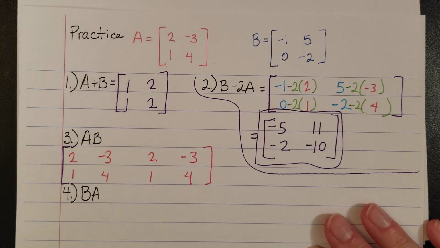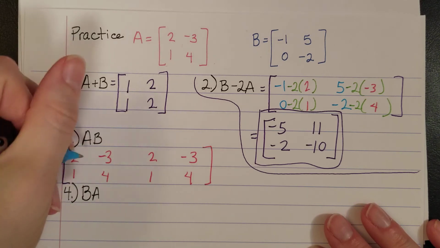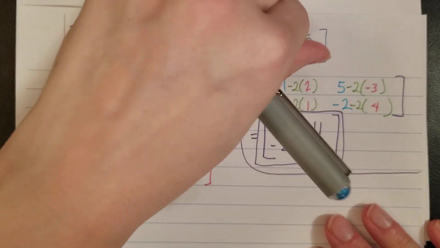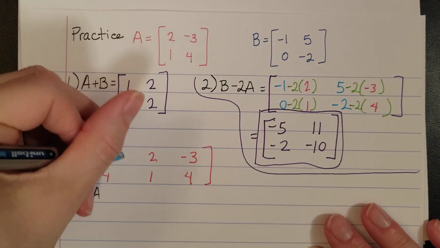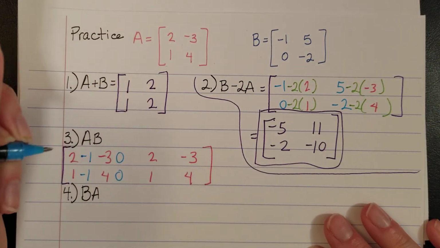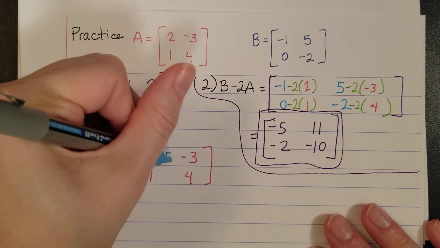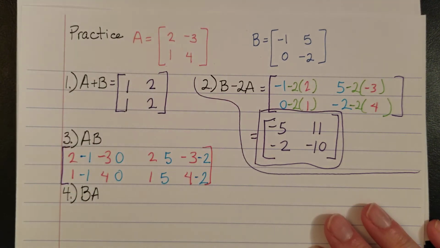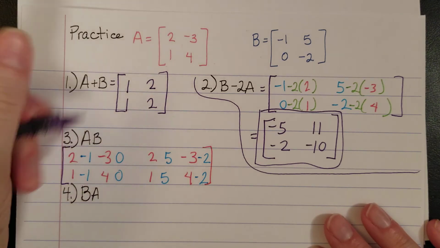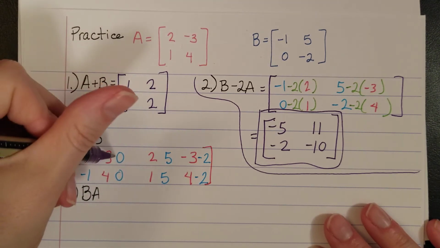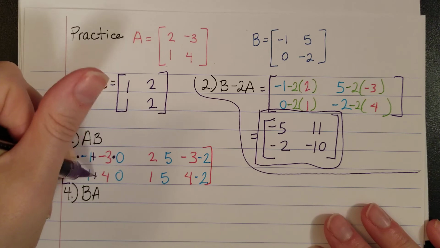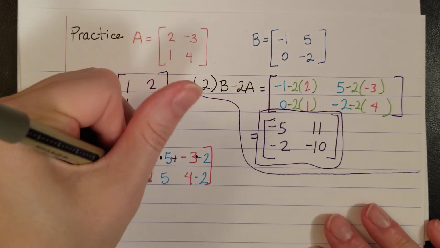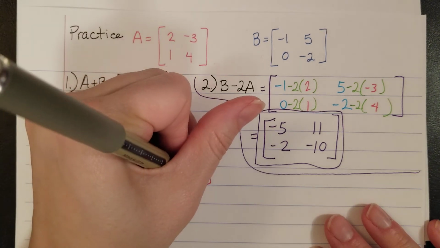So write down matrix A 2 times. And then B. Okay, so take the column and then turn it. So negative 1, 0, negative 1, 0, 5, negative 2, 5, negative 2. And then go times plus times, times plus times, times plus times, times plus times.